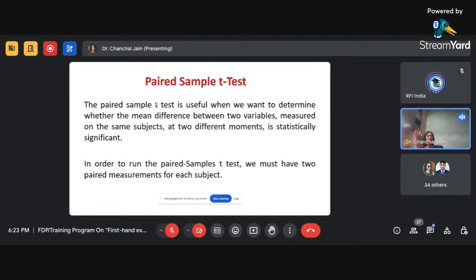Similarly, in an organization, suppose a manager knows the performance level of the employees and sends them for a particular training. After taking the training, when the employees come back to the organization, they will perform, their performance is again recorded, and then a comparison can be made. So where you are doing some experiment, you use the paired samples t-test, right? So I hope related groups is clear here.